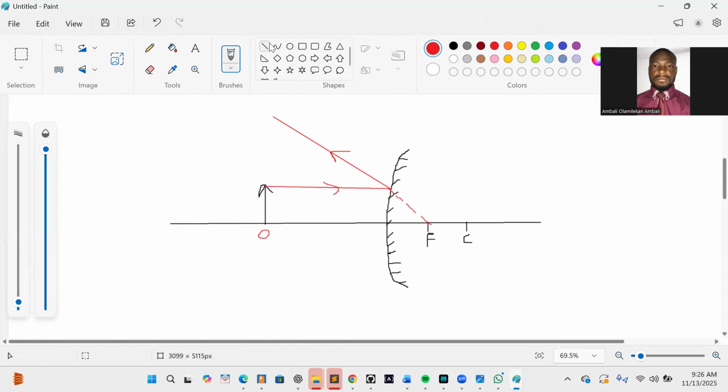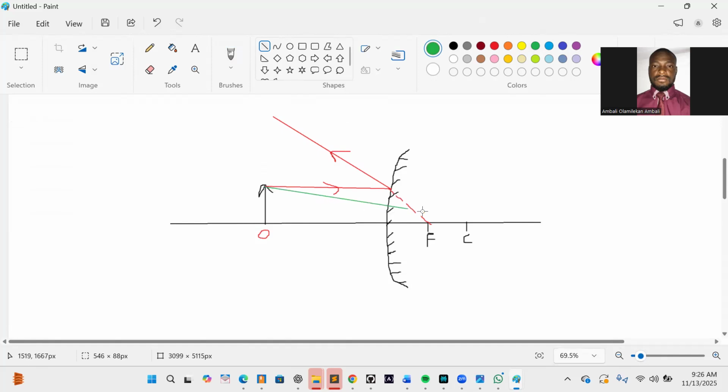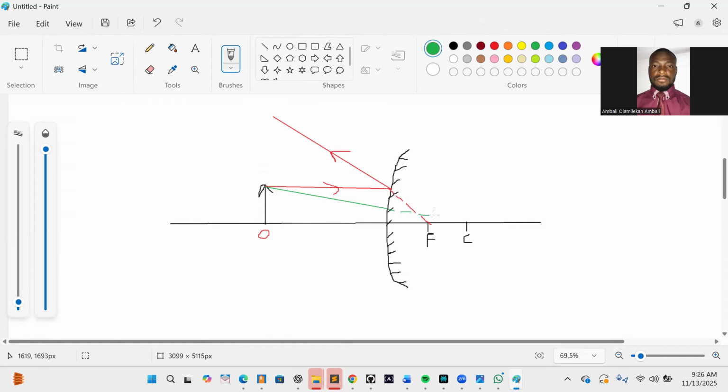The other one, from the top of the object, is directed towards the center, so you eyeball it to know where to put it. Then you just extrapolate that. When you put your arrow, it's going to bounce back along the same path. So this is where the image will be.